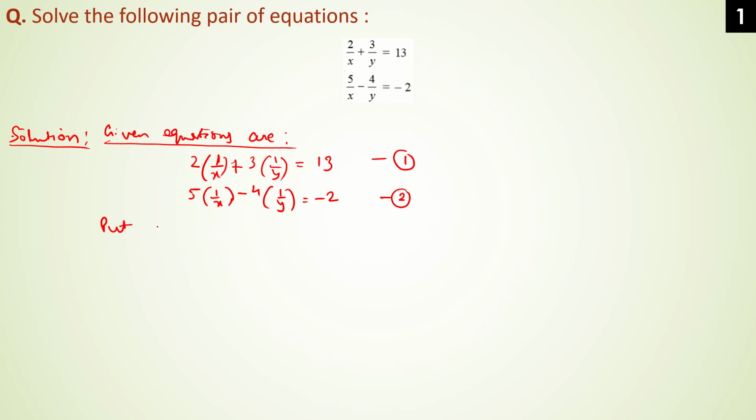Now put 1 by x equals u and 1 by y equals v. So we get 2u plus 3v equals 13 and 5u minus 4v equals minus 2. These are third and fourth. See carefully that equations third and fourth are the general form of linear equations in two variables, in u and v, and these two equations can be solved for u and v by any of the methods we have learnt earlier.